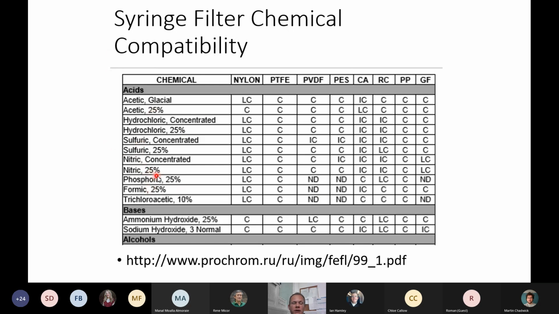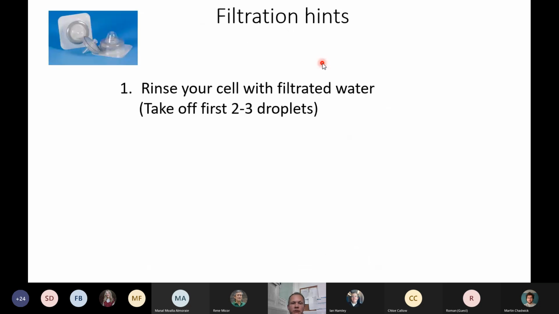If you're working with organic solvents, the chart will tell you if your particular filter, PTFE or PVDF, is robust against a particular solvent, right? But if you're working with an aqueous solution, I would recommend PVDF or PES filters. They're very nice, very hydrophilic filters to take.